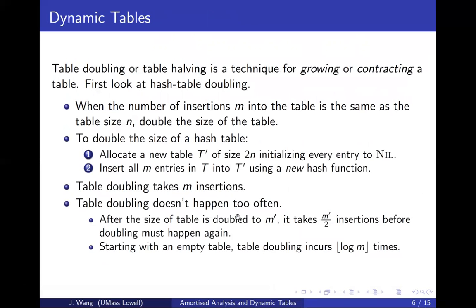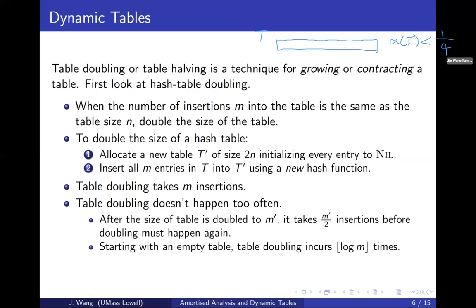Okay, so we didn't look at halving here. Halving just means this. When the table is quite empty, so the load factor is small. Let's say this is my T, and alpha of T is small.